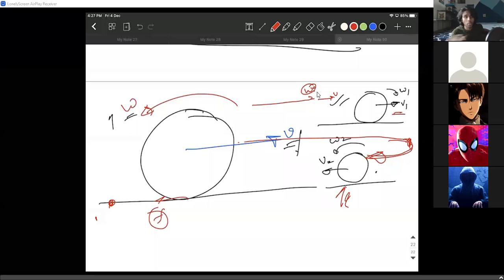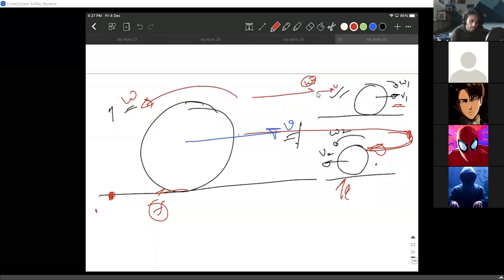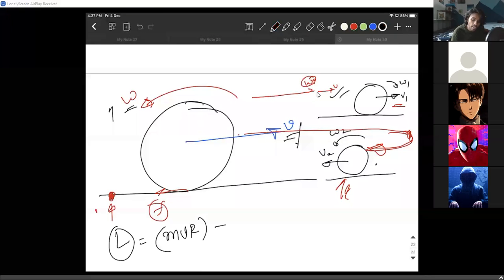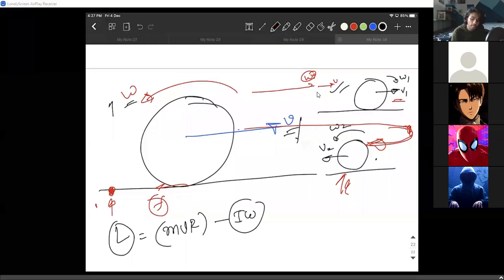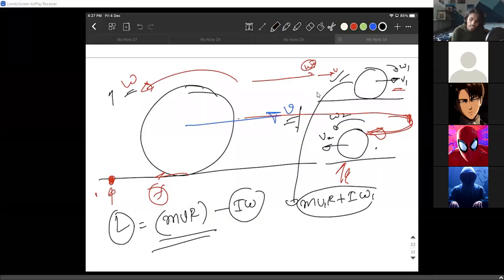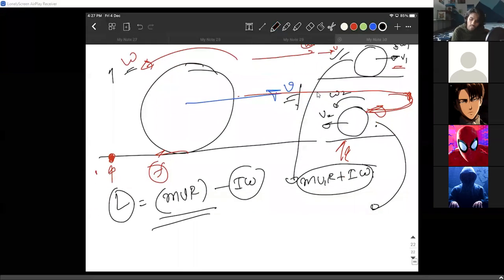You don't have to talk about all these cases. It's very simple. Take this point, try to write the angular momentum. Be careful about the directions. When you write it: MVR minus I omega initial. I'm writing the angular momentum of this, MV1R plus I omega 1, and of this, minus MV2R minus I omega 2.